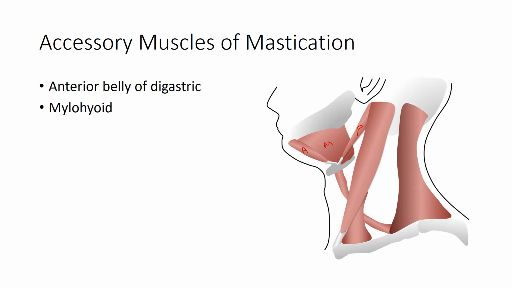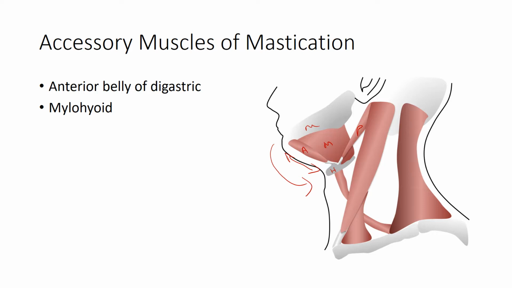So both of these muscles insert onto the hyoid bone as well as onto the mandible. And you can imagine if they contract in this direction, the chin will come down and back and the mouth will open.